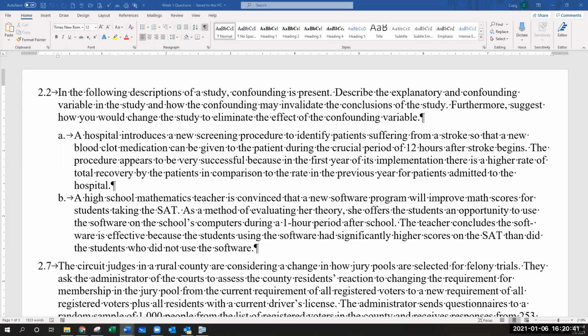The teacher concludes the software is effective because the students using the software had significantly higher scores on the SAT than the students who didn't. So in the teacher's eyes, the only difference between these two groups of students, those who scored higher on the SAT and those who didn't, is that this group used the software and this other group didn't. So you can see how by observation, that would become an explanatory variable.